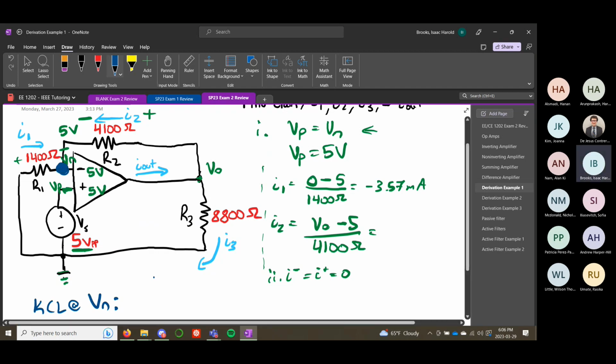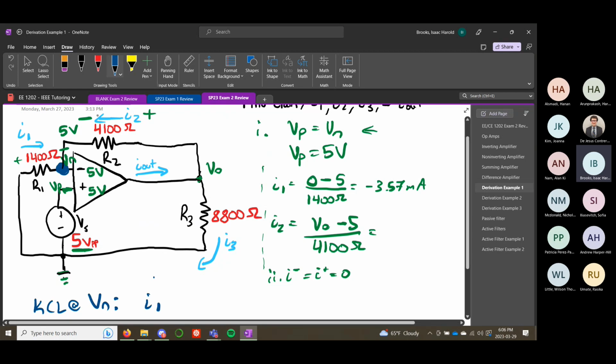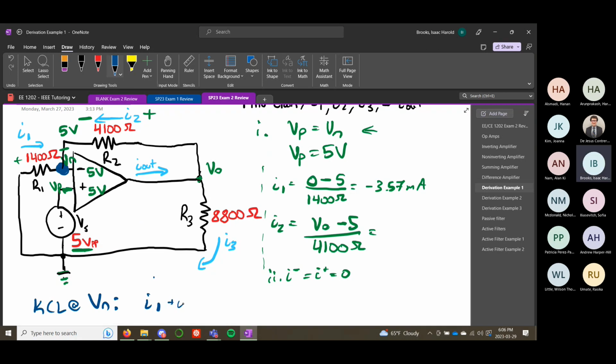We're going to sum up all the currents going in and all the currents going out. It's defined in the way that I1 is coming in, so we'll say that's I1. It's also defined that I2 is coming into this node up here, plus I2. And the current exiting the node going into the op amp is 0. We can call this IN, but that's 0.